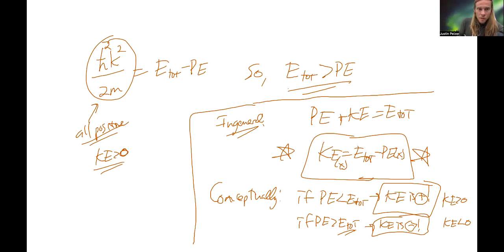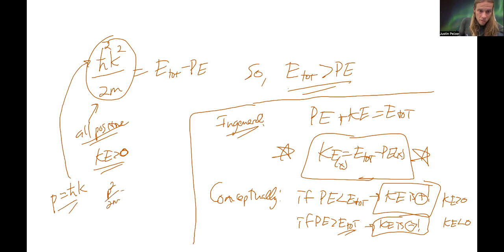So we also can solve for K. And here's the whole point. So this is kinetic energy. But remember, momentum equals h bar k. So the whole point is that if I plug that in here, p squared over 2m equals kinetic energy.